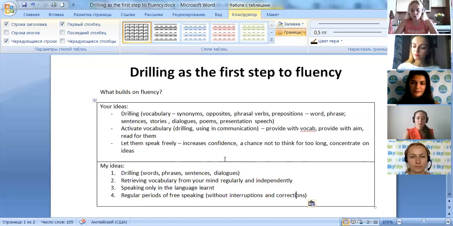I was thinking of how to build it, and I decided to take examples from levels from elementary to intermediate, and to show you how you can drill grammar, and there's one example of vocabulary too. Okay? I'll give you tasks. You'll do them all together.